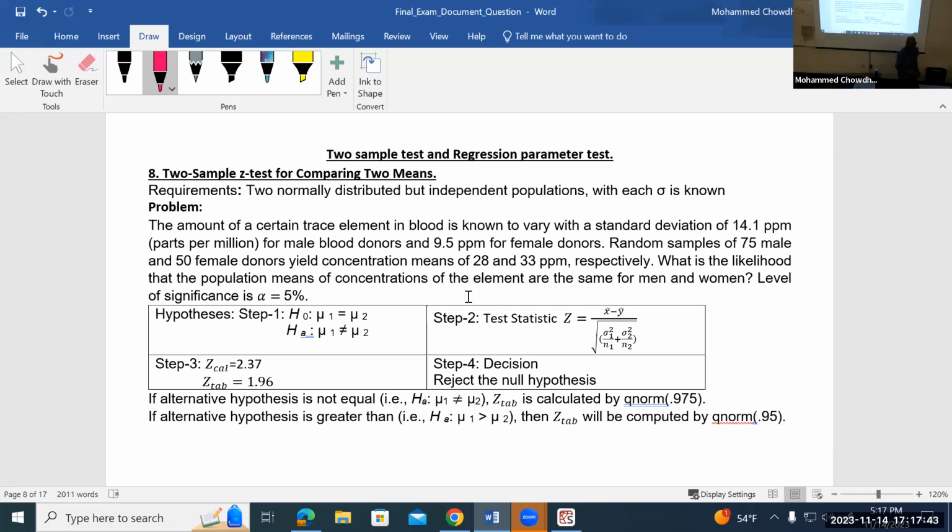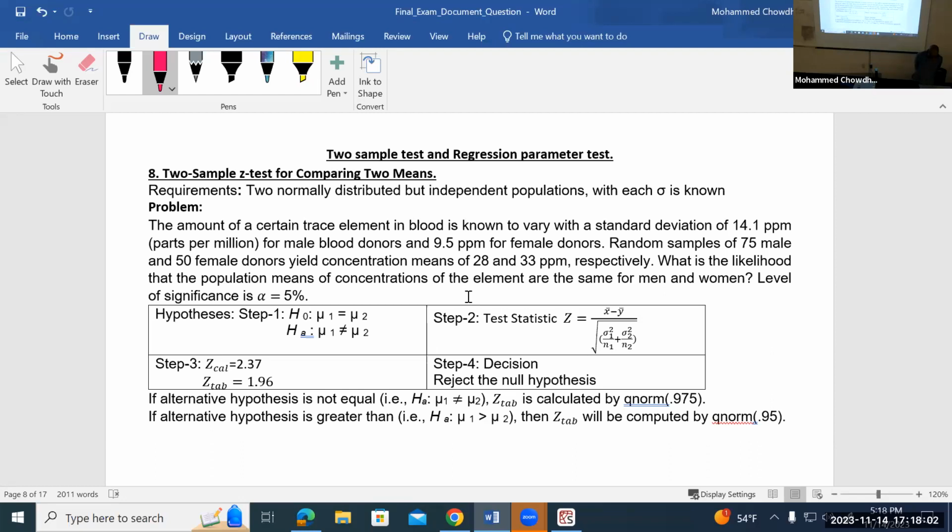So in that I want to compare the mean cholesterol of African Americans equal to the mean cholesterol of the Caucasians. So requirement: two normally distributed but independent populations with each sigma known.